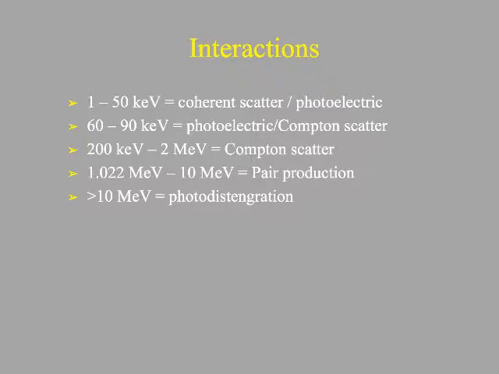Once we get into the range of 60 to 90 keV, photoelectric starts to fall off and Compton starts to predominate. From 90 to 200 and even beyond that, we have pretty much the complete domination of Compton effect, just scatter, all the way up to 2 mega electron volts.